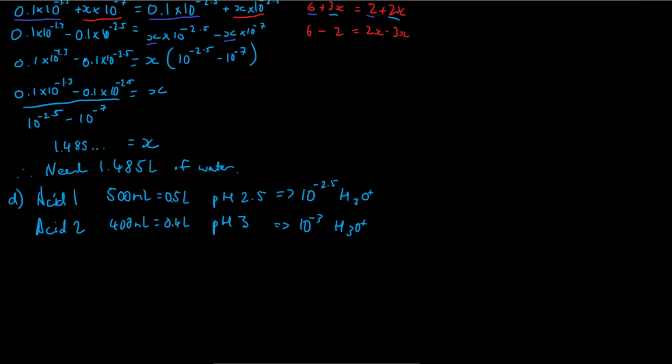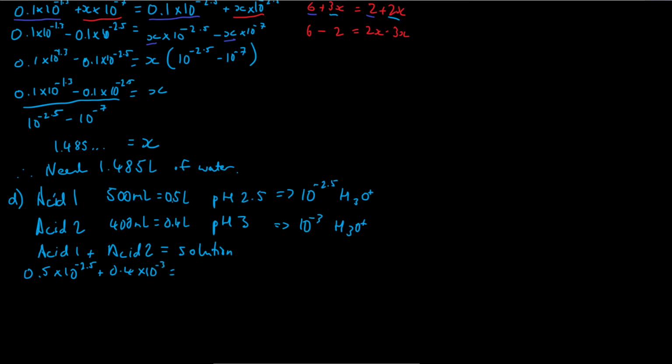We want to find out the pH of our final solution. So just like before, if we think about it, acid 1 plus acid 2 is going to equal our solution. So for acid 1, we've got to do 0.5 times 10 to the negative 2.5 plus 0.4 times 10 to the negative 3.